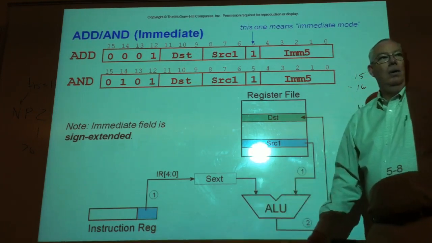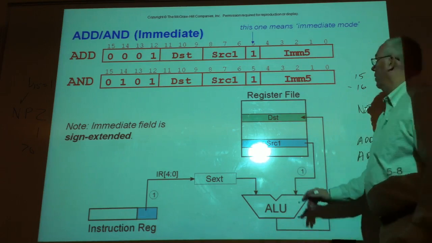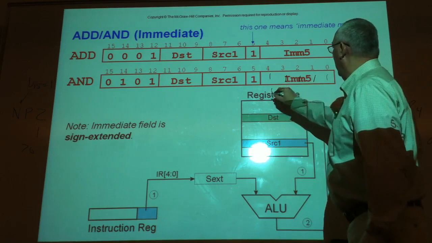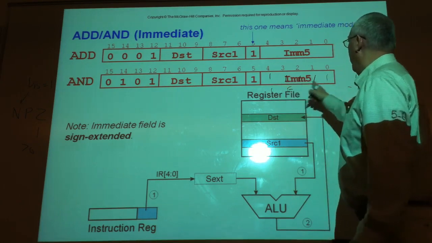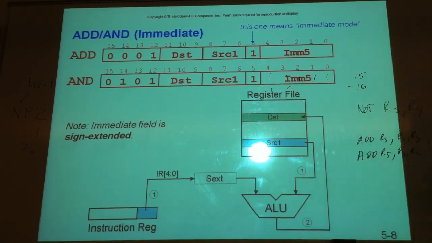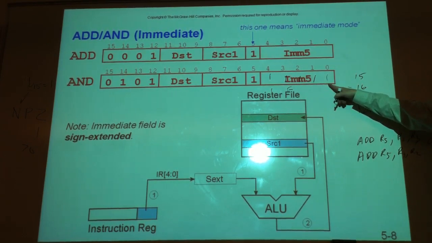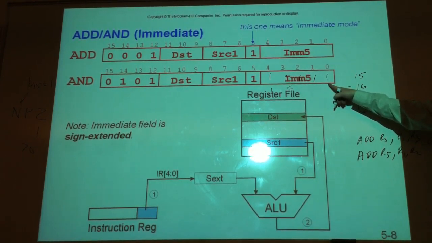Why would that be 1F then? Wouldn't that just be F? No, 1F. That's 5 bits. So if that was all ones, what would it be? What's the decimal number? 1F is not 15.